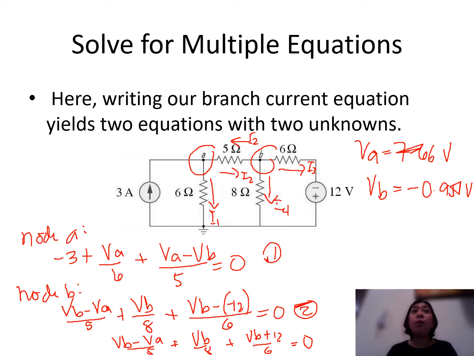That is how you are going to solve nodal analysis if you have multiple equations. Depending on the number of nodes, of course, the more nodes you have, the more equations, or the more nodal voltages that you are trying to solve.